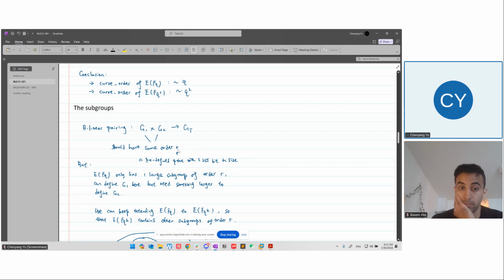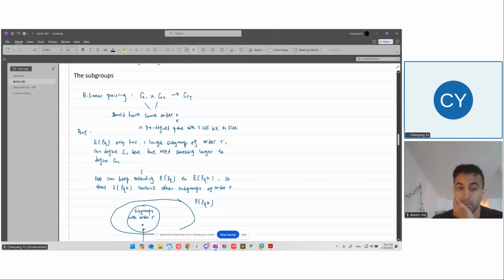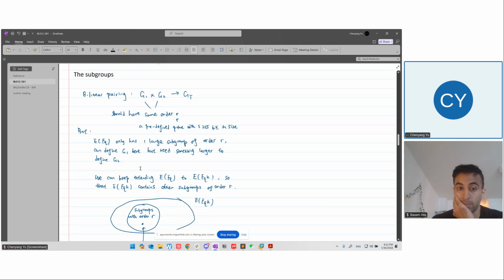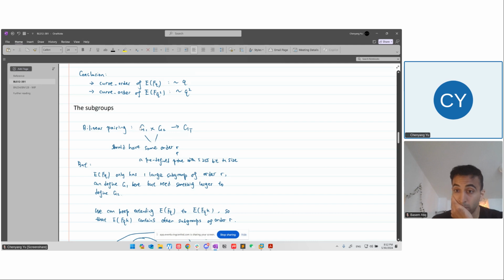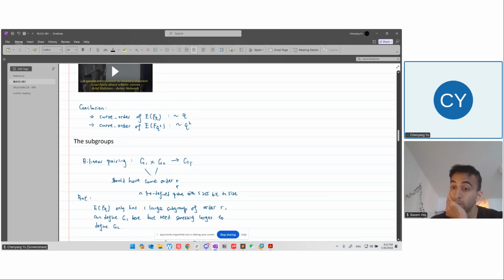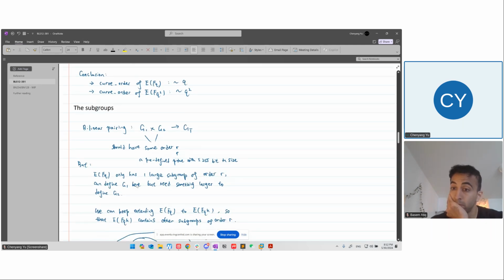We call that R a derived value from a constant capital X we just mentioned. So this value is derived and it is a prime. So it is always a prime. G1 and G2 must have the same order, but there is something you should worry about: if you only have E of FQ, there is no way to generate G2.